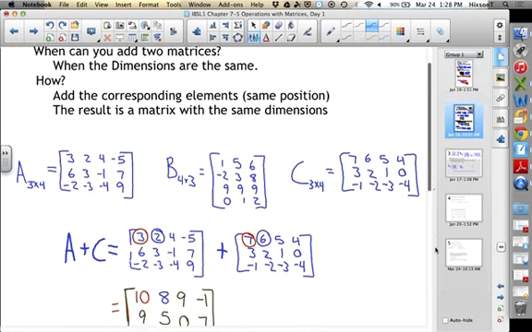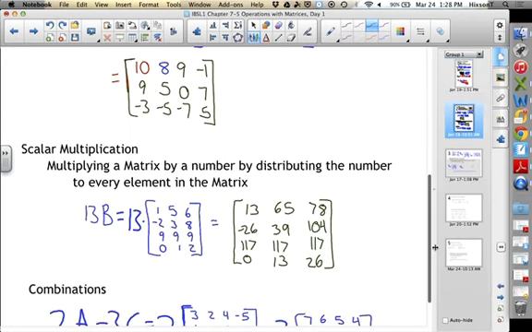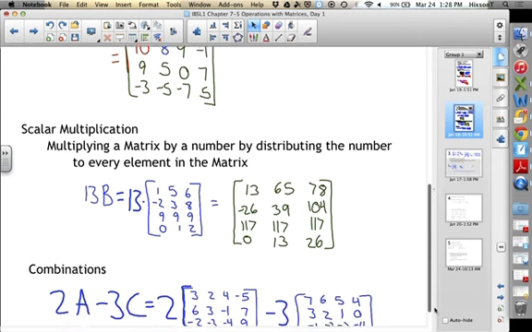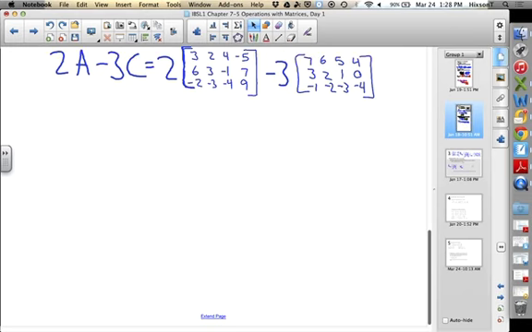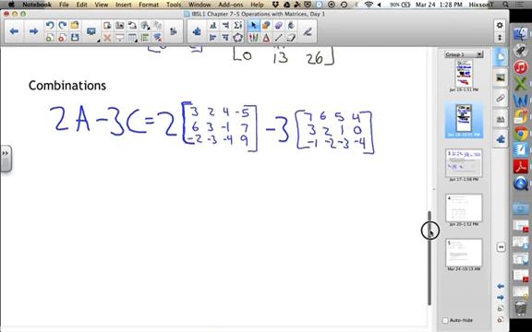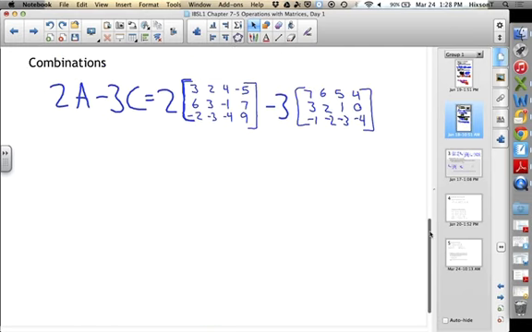Alright, so let's try one here where we put them together. 2a minus 3c. Especially starting out here, let me make a recommendation. Don't try to get your final answer all in one step.